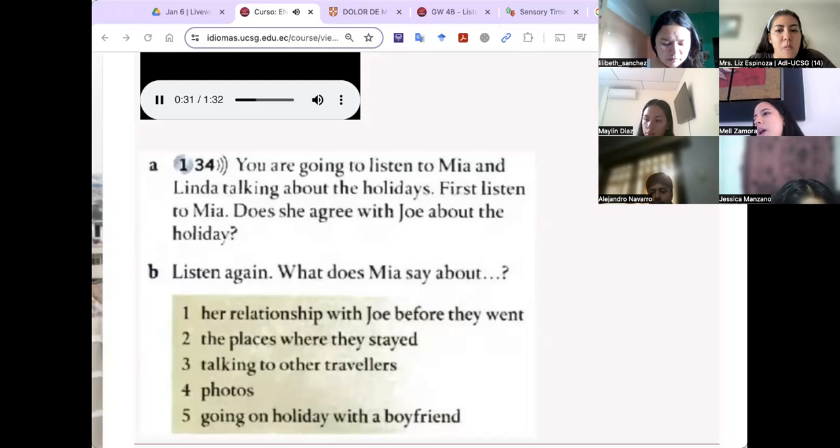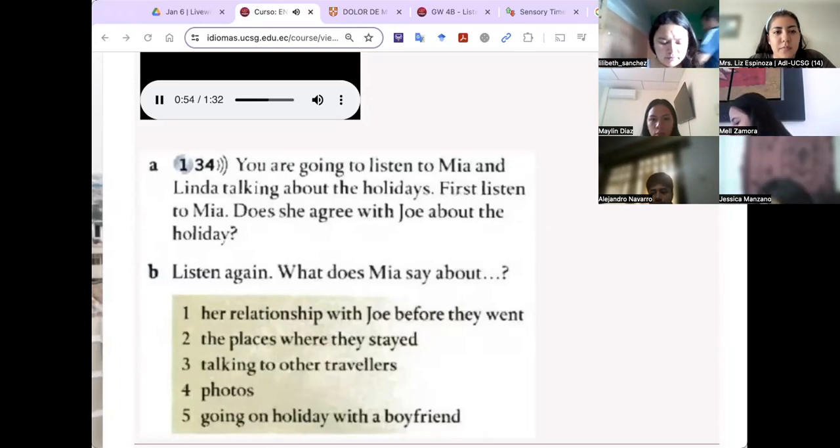I didn't want 5-star luxury, but when I go on holiday, I want to be comfortable. The places where Joe wanted to stay were very basic and had very small rooms. There's nothing worse than being in a very small room with someone when you're not getting on very well. Another thing I didn't like was that Joe got very jealous.